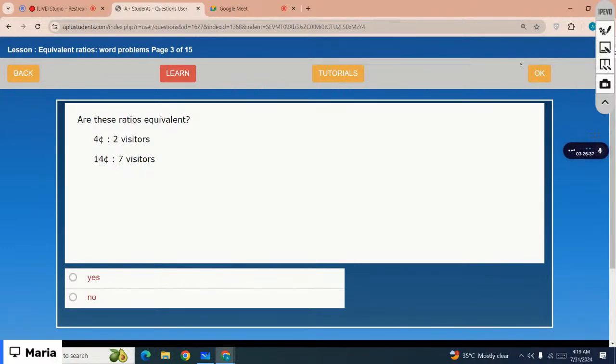The correct option is yes, they are equivalent. Got it?